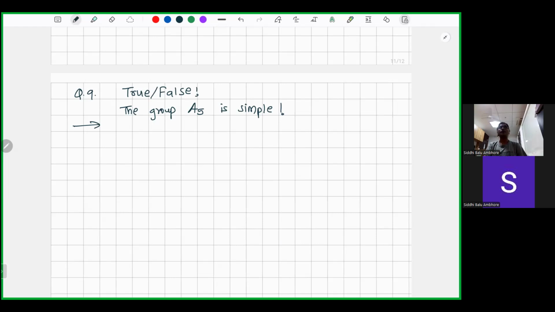And apart from that, we also proved that any 3 cycle in An can be written as a product of 2 type cycles and so on.